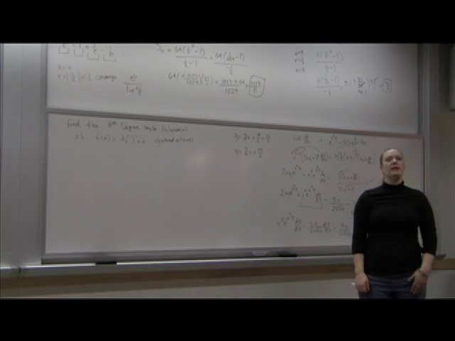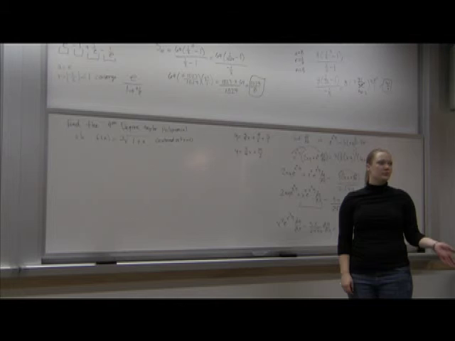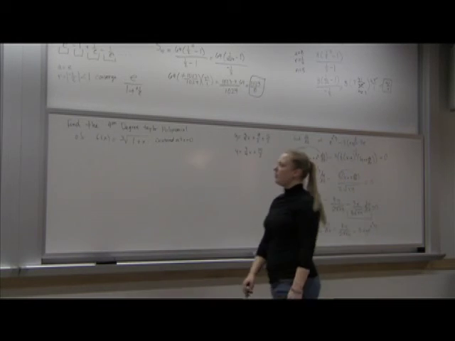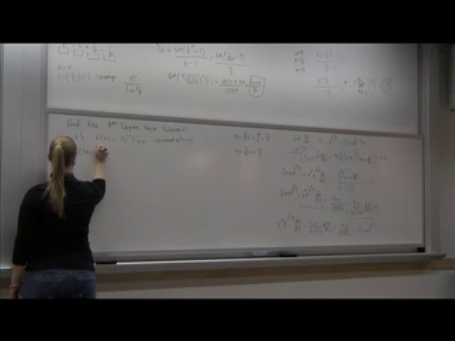Okay, here's how you do these. Whatever degree it tells you, that's how many derivatives you take. My f of x is 1 plus x to the 1/3.